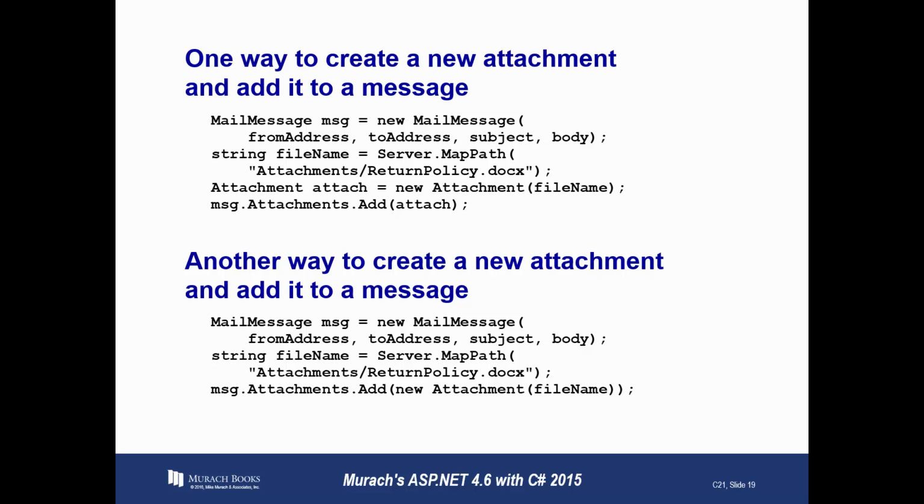Remember that since SMTP is designed to send text messages and not binary files, which attachments are, any email attachment for a binary file must be converted to a text format before it can be sent. The good news is ASP.NET handles this type of conversion automatically for you.